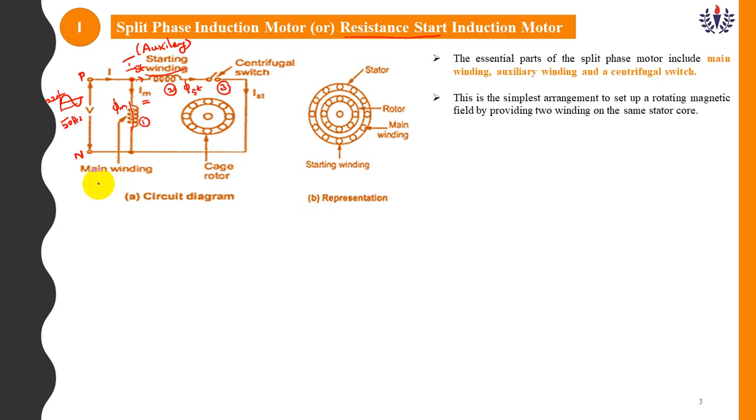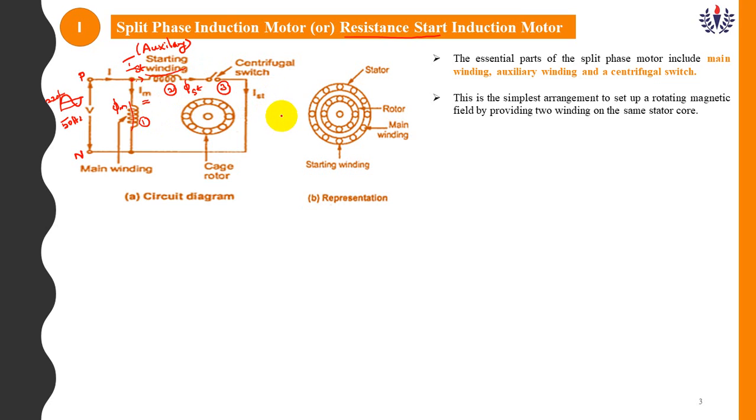So to make the induction motor self start, we go for this starting methodology. That's why we have two windings. Otherwise, if only one winding is there, the machine will definitely not start to run.